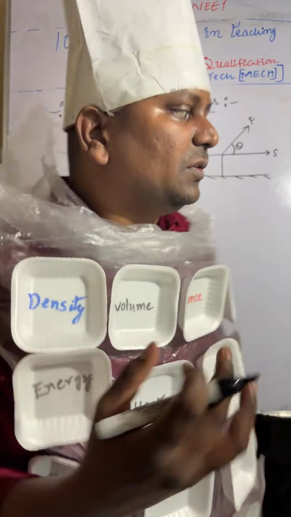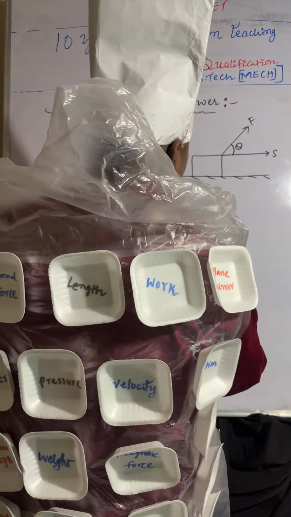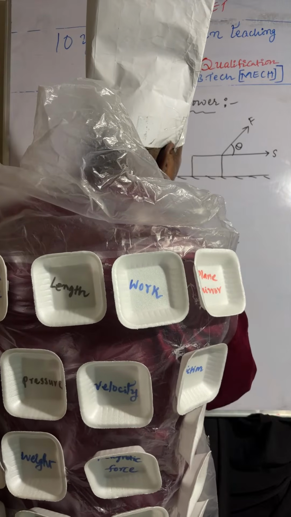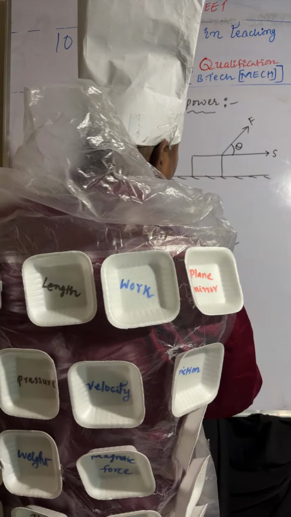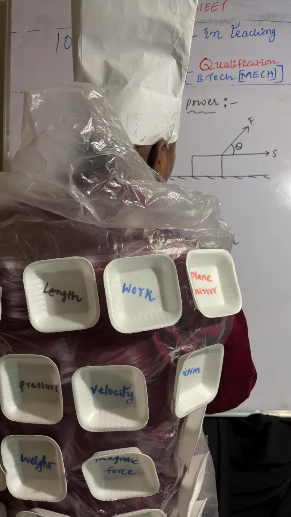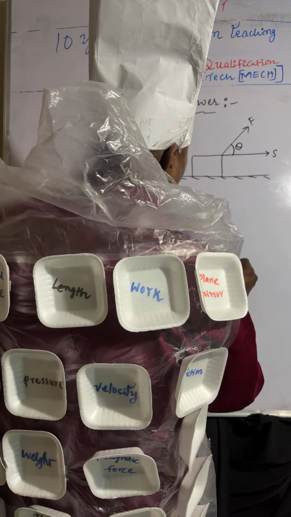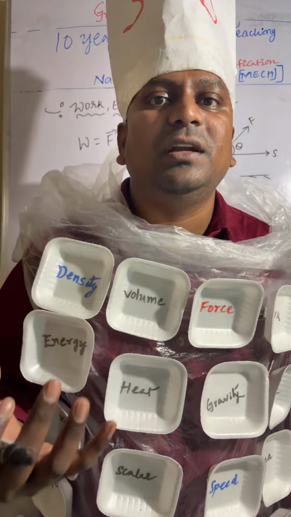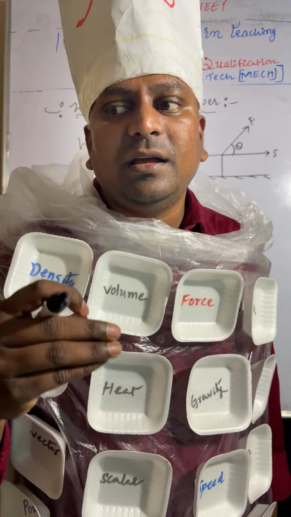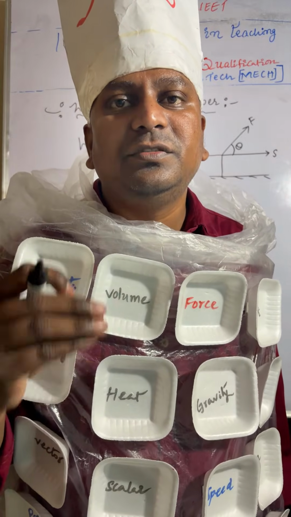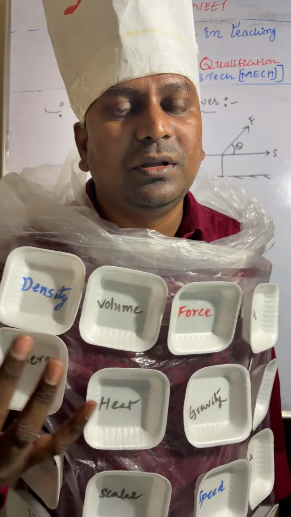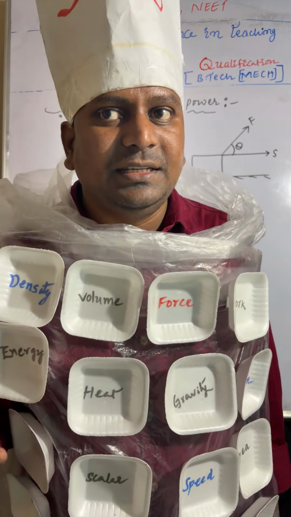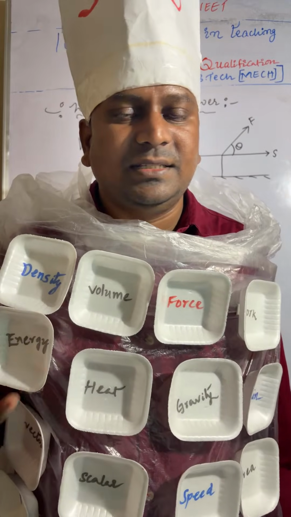A scalar is a physical quantity which has only magnitude, and a vector is a physical quantity which has both magnitude and direction. Examples of scalar: mass, speed, density.